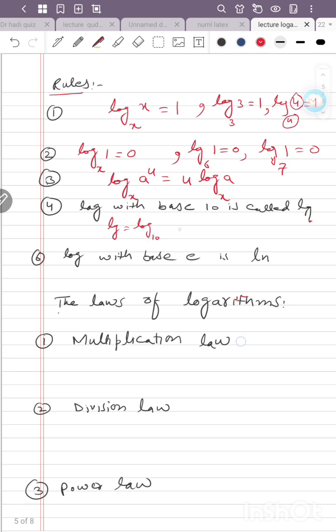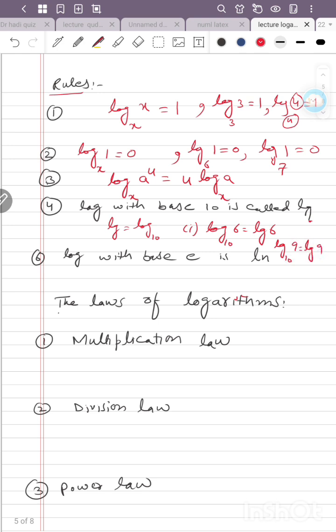So if you write log base 10 of 6, it means lg 6. You don't write the base 10, because lg simply means the base is 10. Similarly, you can write log base 10 of 9 as lg 9.